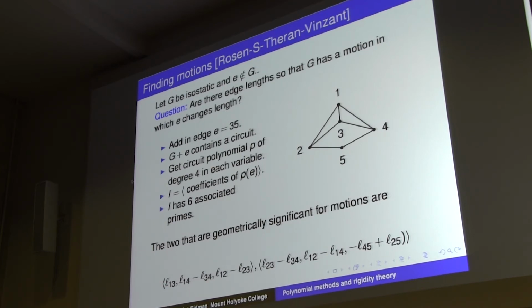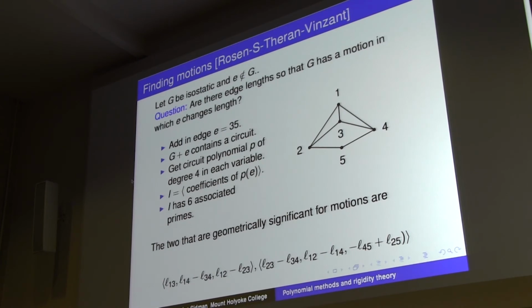And here's where algebraic matroids play a role. You want to find the circuit polynomial associated to this circuit, which is just a fancy way of saying you want a polynomial whose support contains this edge E. Okay, so it's showing that you have a set of variables that are dependent, right? We did that here.